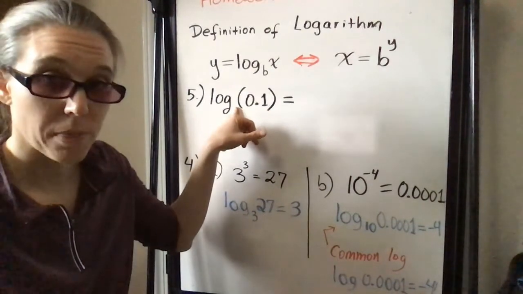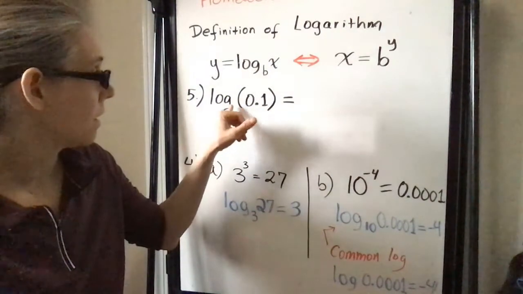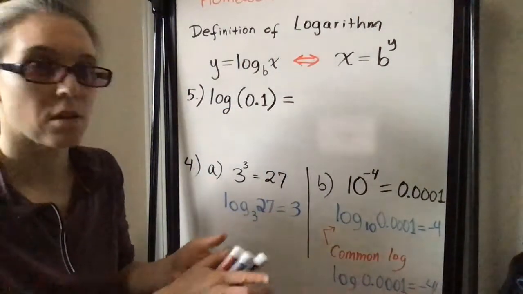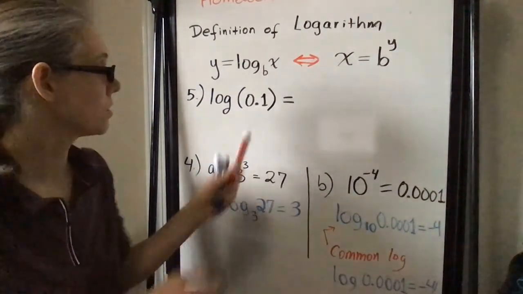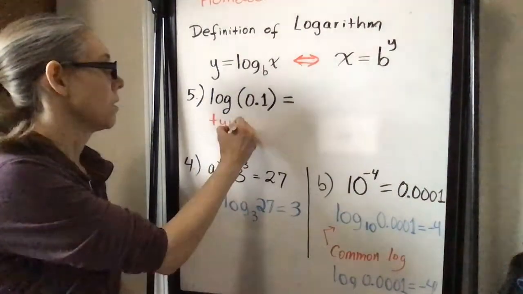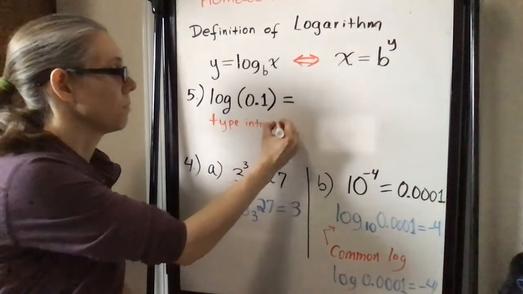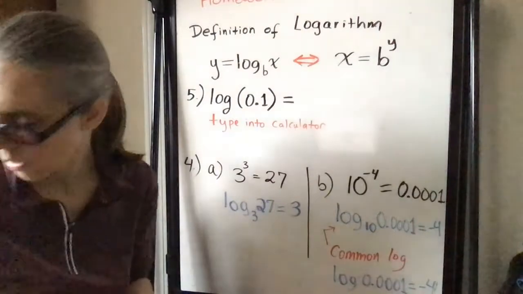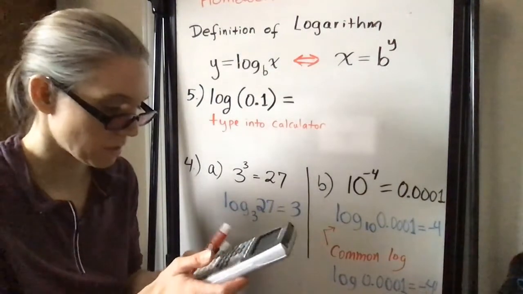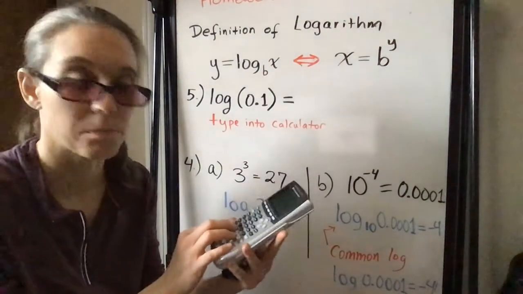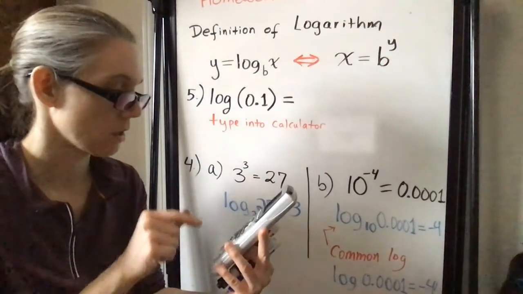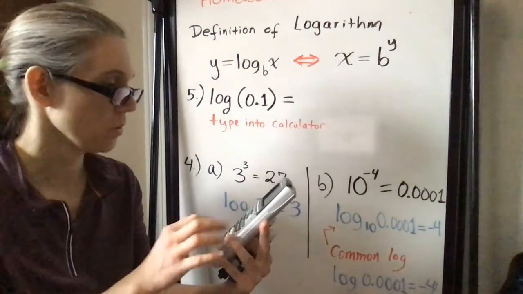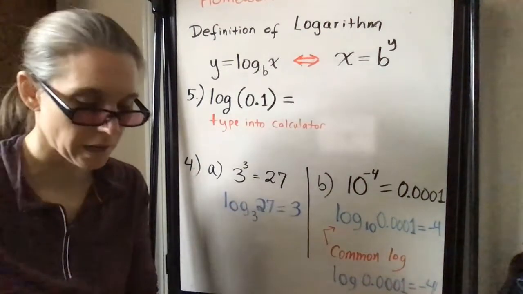So what did I say? When there's no base, it's the common log, and the common log is the one on your calculator. So you can just type this in the calculator. Just type log of 0.1 onto the calculator. The log button is to the left of the number 7. L-O-G, log. Log 0.1 is equal to negative 1.